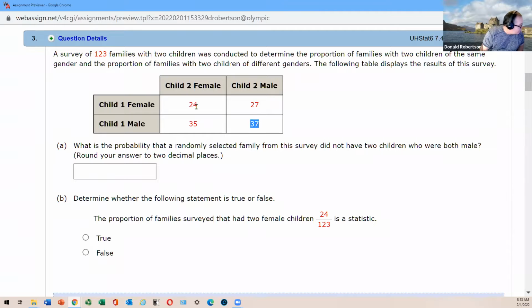So if I say 24, 27, and 35, I'm not going to risk that. So I go 24, add 27, add 35, I get 86. So that's 86 divided by 123.